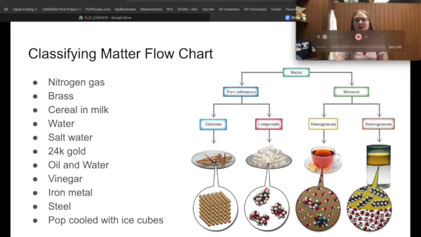I'm missing a slide. That's okay though, we can look at these pictures down here. So we can also see with the homogeneous and heterogeneous mixtures, here I have different kinds of molecules. You can see that there are some water molecules, some sugar molecules, and some tea molecules in there. So it's mixed consistently all the way through. No matter where in my tea I check it out, I'm probably getting the same amount of sugar and same amount of tea and same amount of water in the end.